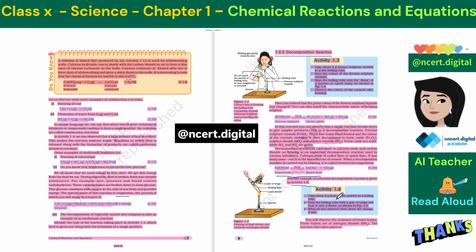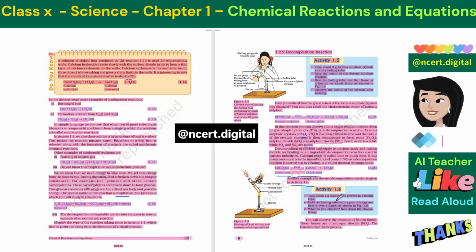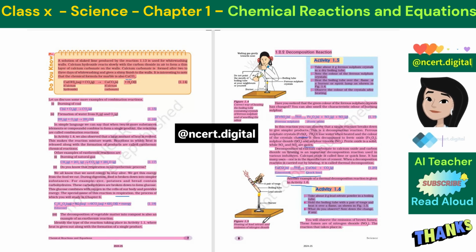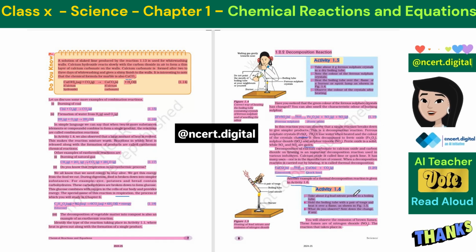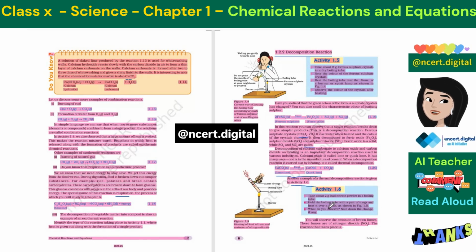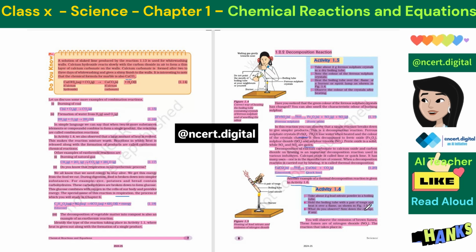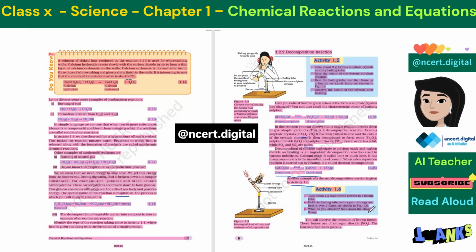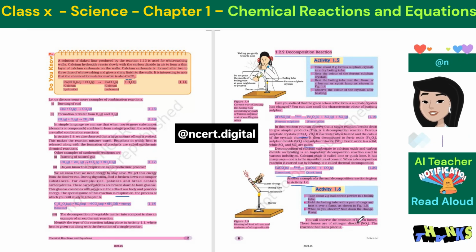Activity 1.6. Figure 1.5: Heating of lead nitrate and emission of nitrogen dioxide. Take about 2 g lead nitrate powder in a boiling tube. Hold the boiling tube with a pair of tongs and heat it over a flame, as shown in Figure 1.5. What do you observe? Note down the change, if any.